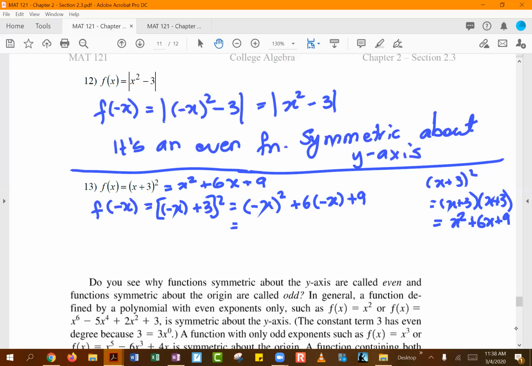Again, the negative x squared is to an even exponent, so it will become positive. So that's positive x squared. Here, you're multiplying positive 6 with negative x, so positive times negative is negative.